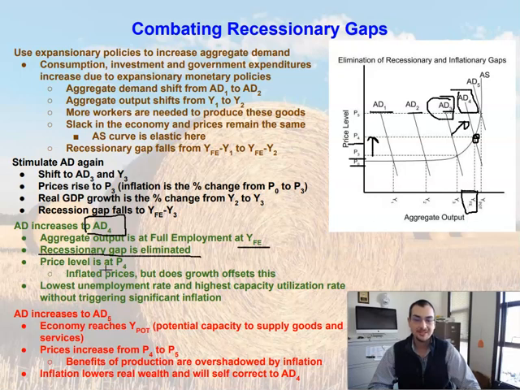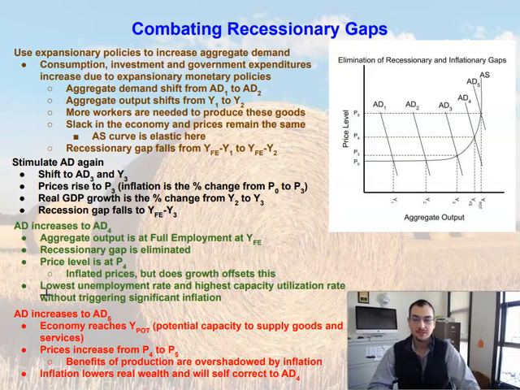So now the prices at P4, these are inflated prices, but the growth offsets this. So we have additional growth and additional price changes, but at this full employment, the additional workers, the additional growth in real GDP of our economy actually offsets this inflation in prices. So at this point, we have the lowest unemployment rate and the highest capacity utilization rate without triggering significant inflation.